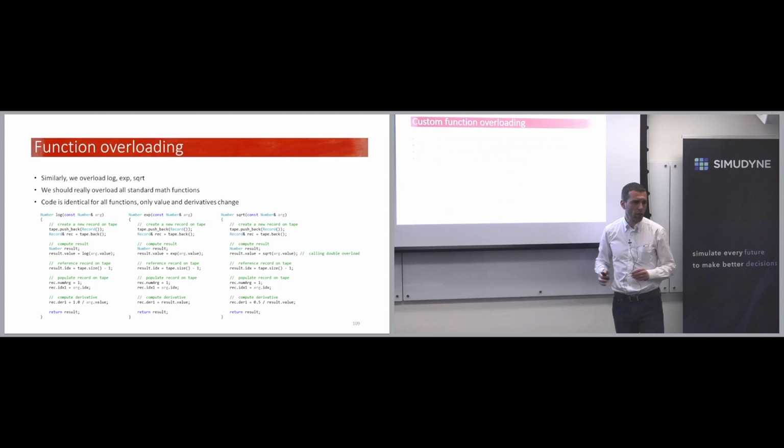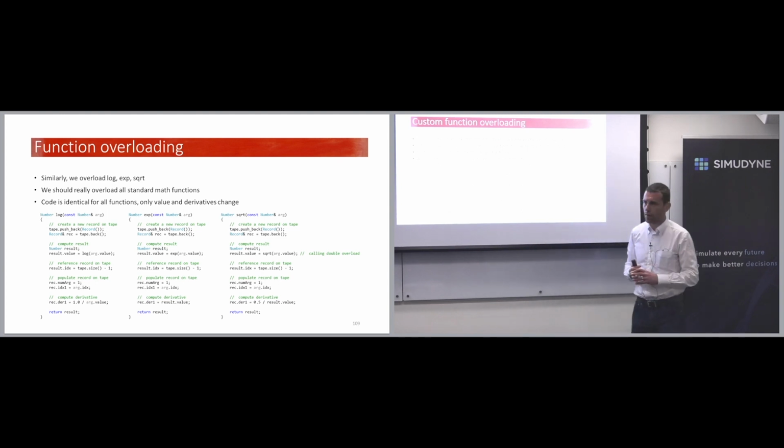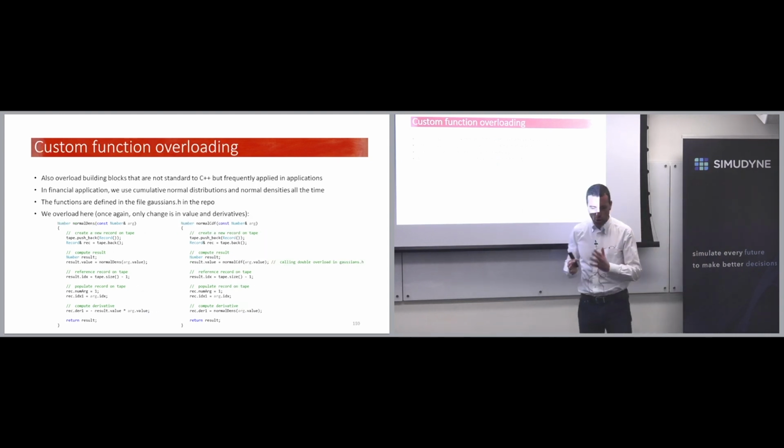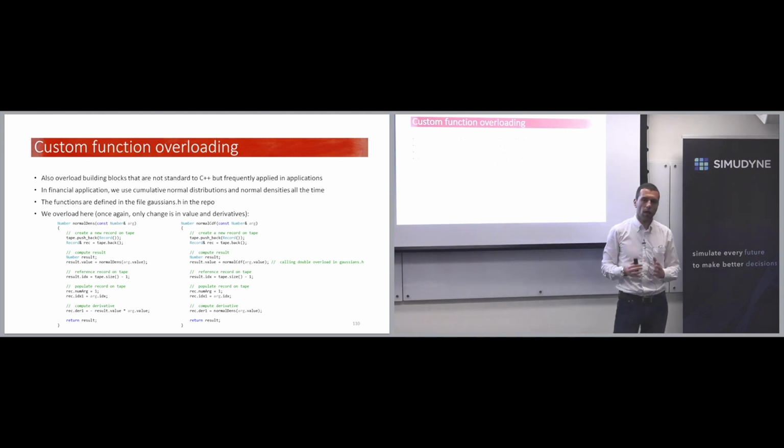Now, there was a question, and this was already mentioned: what you call building blocks are not necessarily the building blocks of a standard C++ library. These are the building blocks of your calculation code.